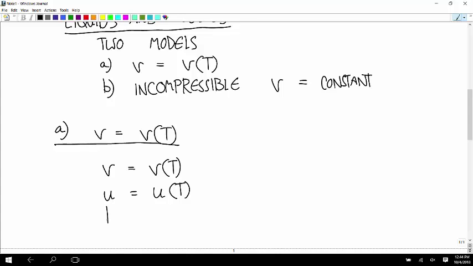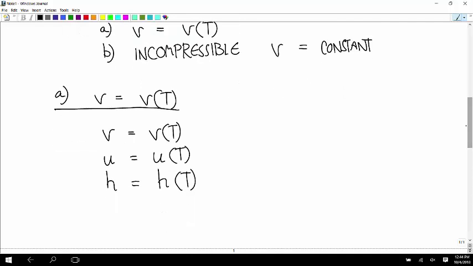And specific enthalpy, we're going to assume is a function of temperature. And because these don't vary with pressure, we're going to assume that we can get accurate values for these directly from the saturation tables.